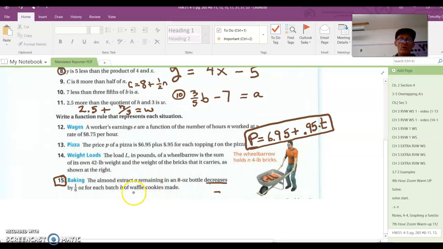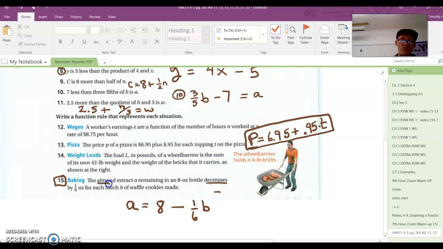So the amount remaining is going to be 8 minus, that's a full bottle, minus 1/6 times each batch B. So the amount is 8 ounces minus 1/6 ounce times each batch you make.